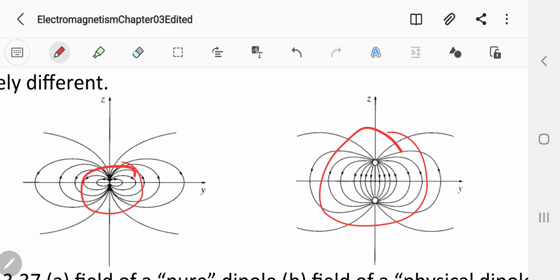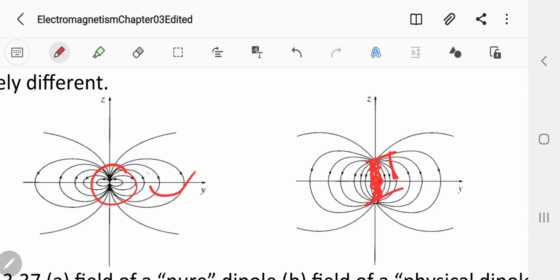But if you also put the charges very close, it will look like this. It's either you go far away from the dipole and see this kind of field, or you put the two charges close to each other and see this approximation of the dipole electric field.